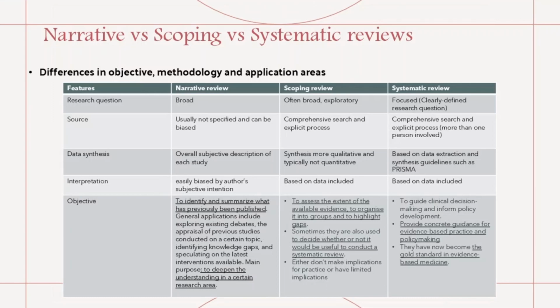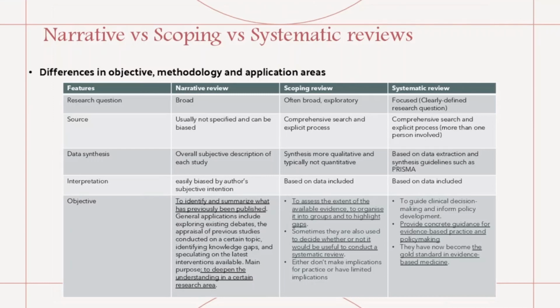So from this table, you can see that while narrative reviews and scoping reviews answer a broad question, which is not well defined, systematic reviews are the ones which are able to answer focused questions which are clearly defined, as we will see in the following slides.